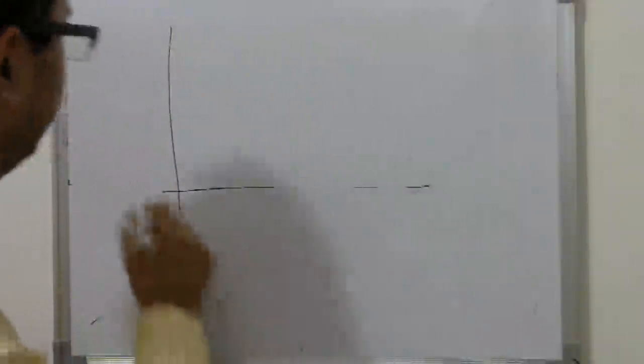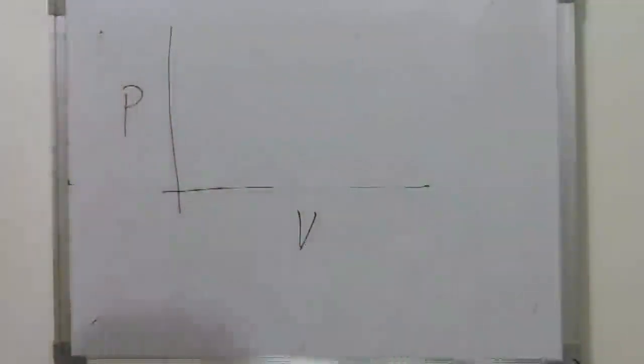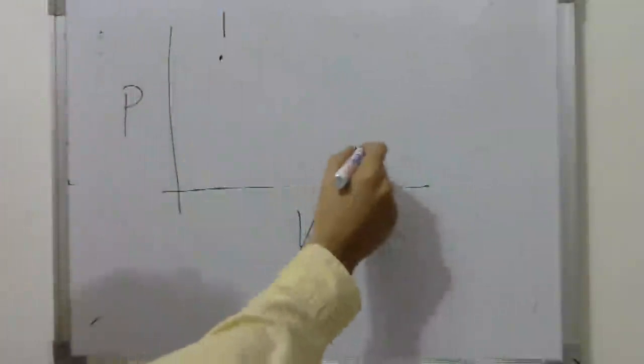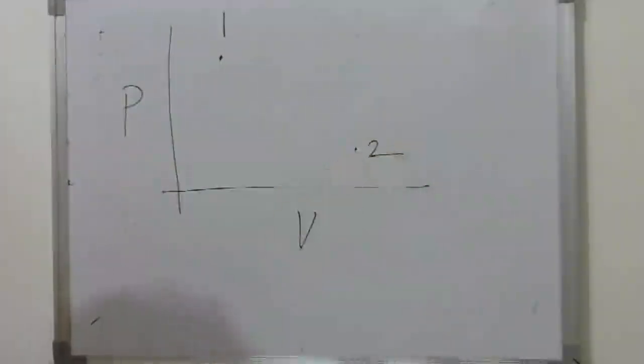Now we come to the state function. The concept of state function and path dependent functions are very, very important in thermodynamics. So how do we define a state function? Let's say you all know PV diagrams, right? So in the PV diagram, suppose this is state 1 and this is state 2, right?